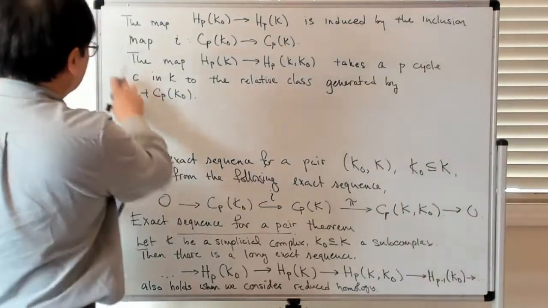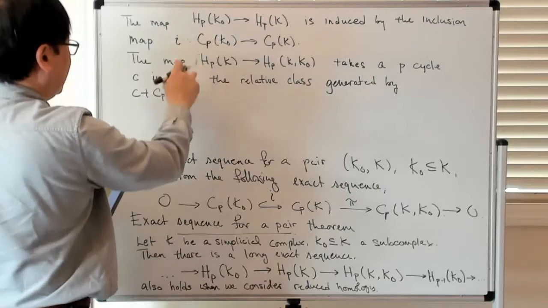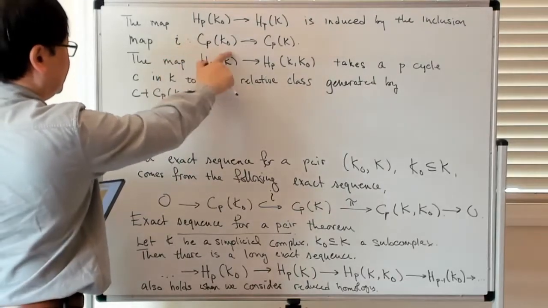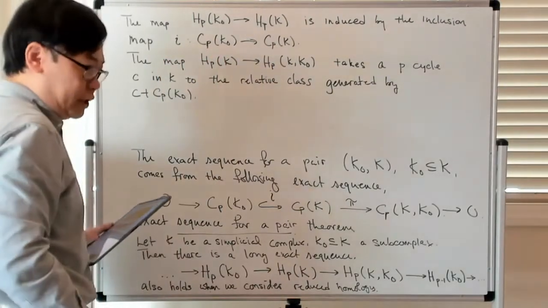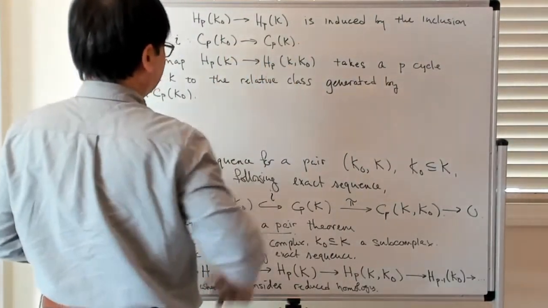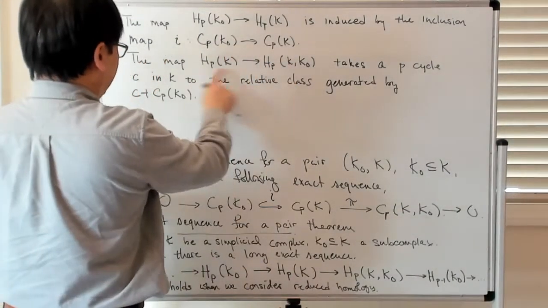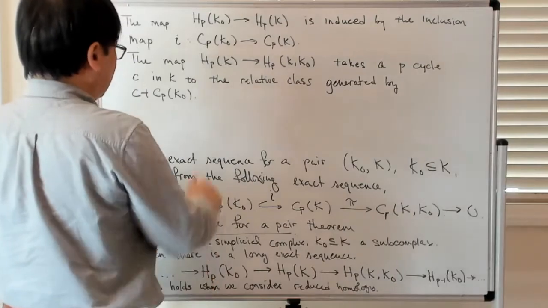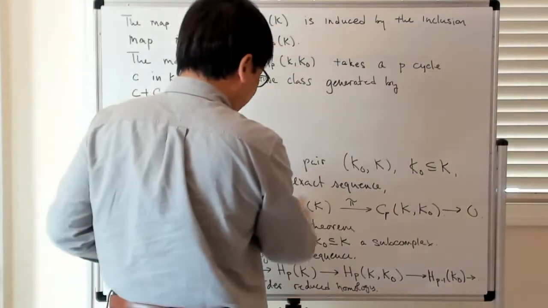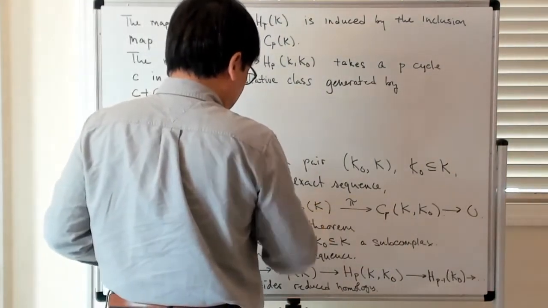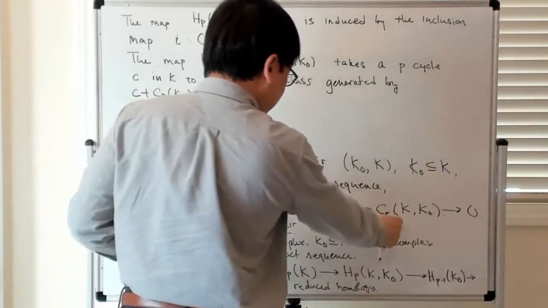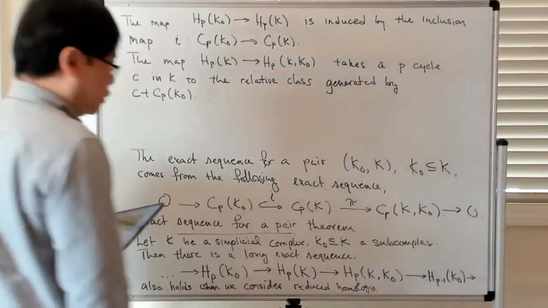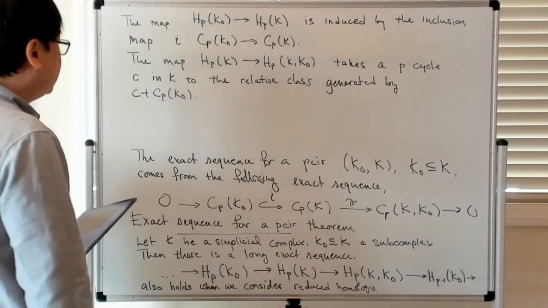Okay, so again, these two are fairly natural. This is induced by the inclusion of the chain group on K0 into the chains on K, and this map, at the level of homology, is induced by the projection map from chains on K to the relative chains on K comma K0.